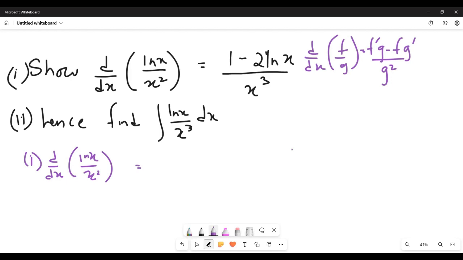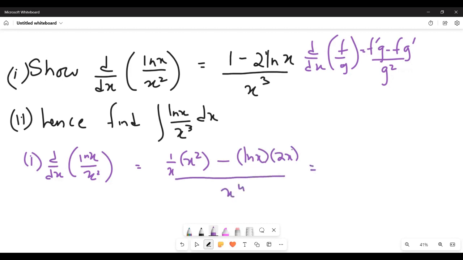So we differentiate ln x first, which gives us 1 upon x. x square gets multiplied, negative sign, ln x stays the same. x square gets differentiated, 2x, upon square of x square, which is x power 4.